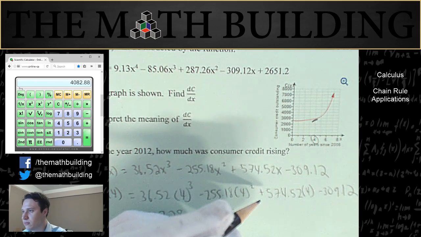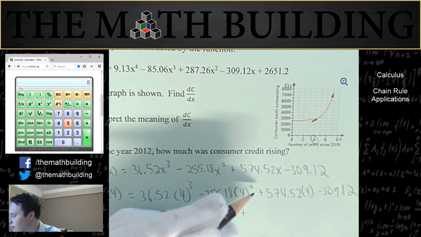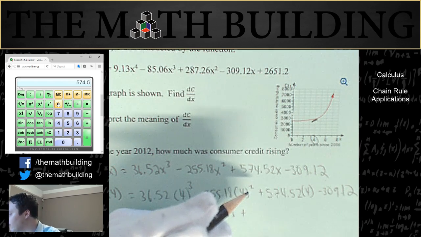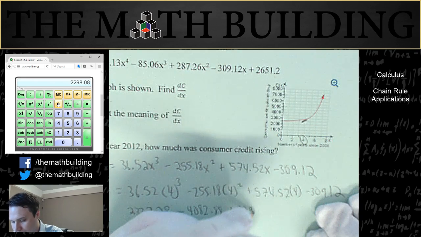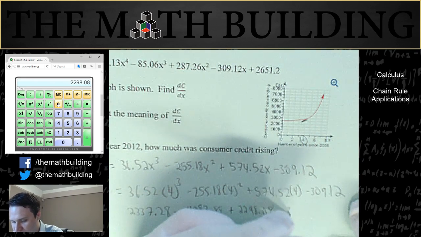Oh, what's going on? Try again. 574.52 times 4 minus 309.12.